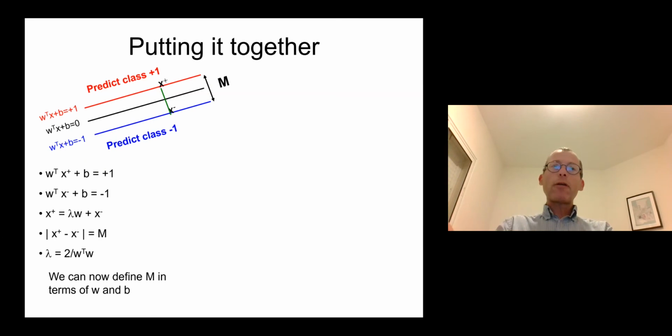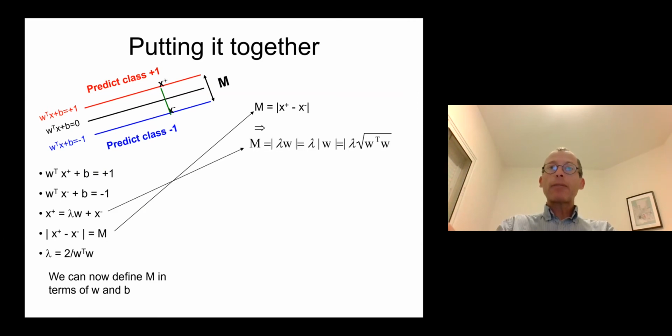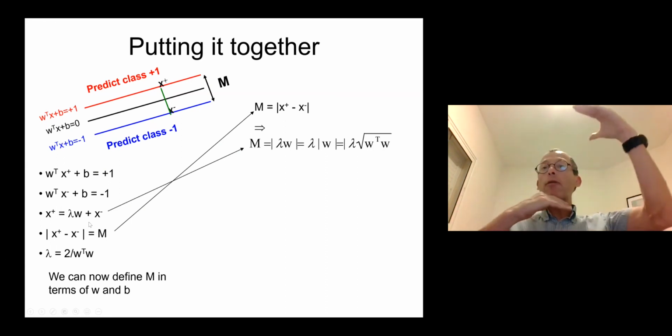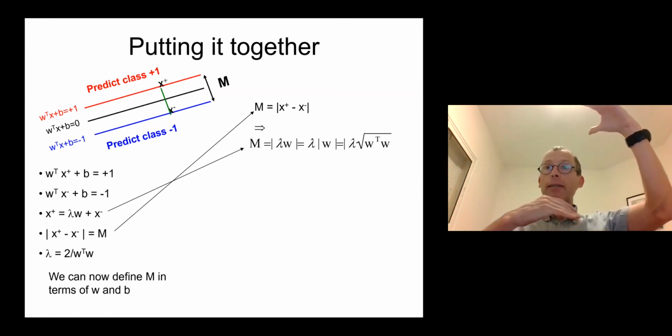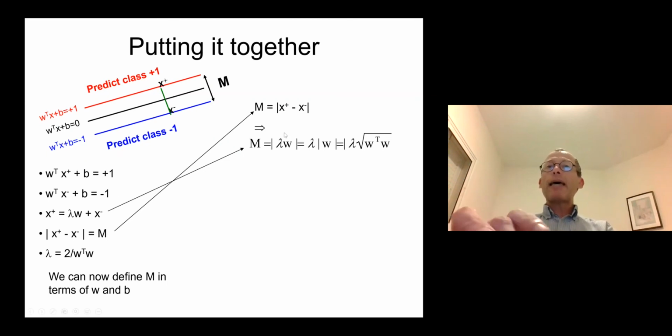Now we know that M is basically defined as the distance between X plus and X minus. Now we can use this information here, that lambda W is also the distance between X plus and X minus. Right? Remember, we said we are traveling over W with distance lambda. If that's the case, then lambda W is also the distance between X plus and X minus.